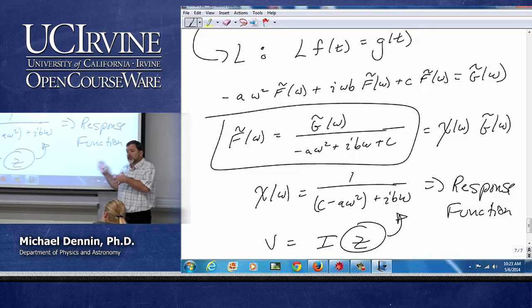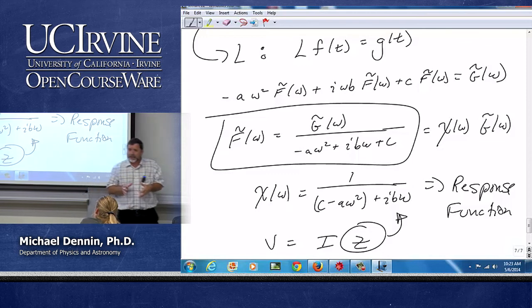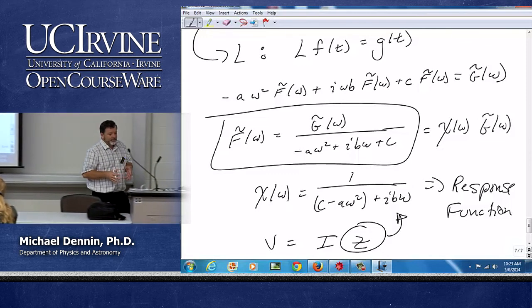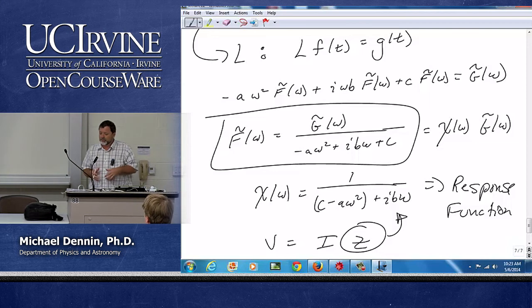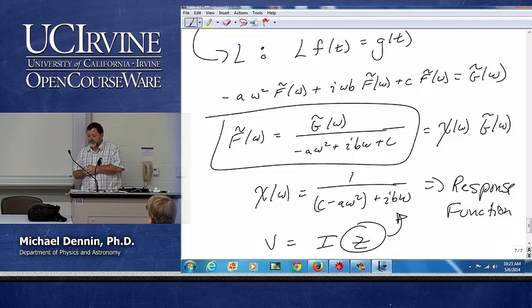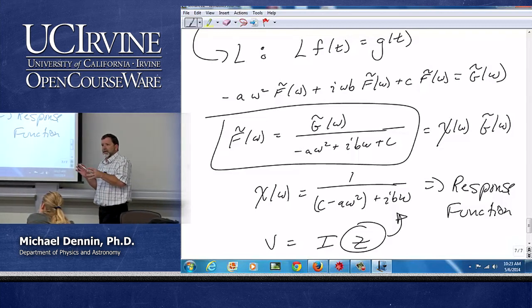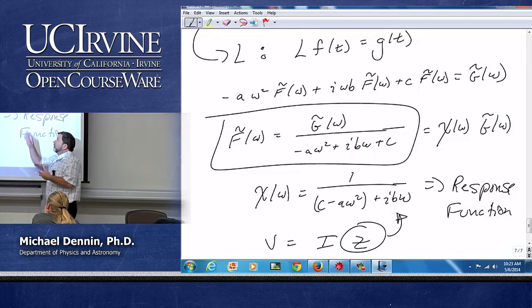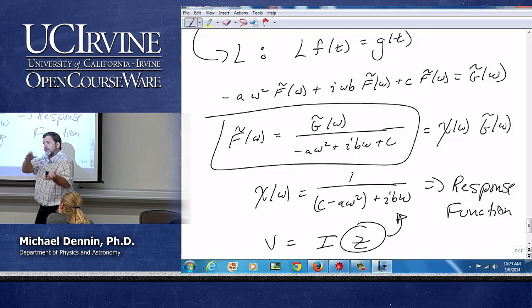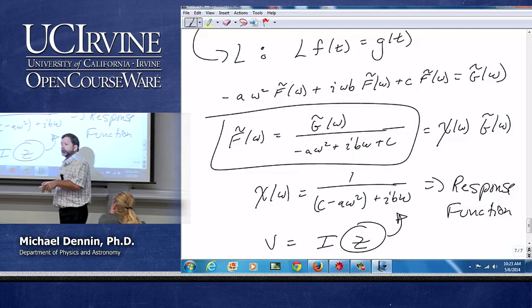And so this structure is not just a mathematical trick, it actually matches the experimental methods and tools we use a lot of times when we do physics. Any questions on that? Now keep in mind, if I did it with plugging in my e to the i omega t's, I could do it with this and get a particular solution and then add that to my homogeneous solution.